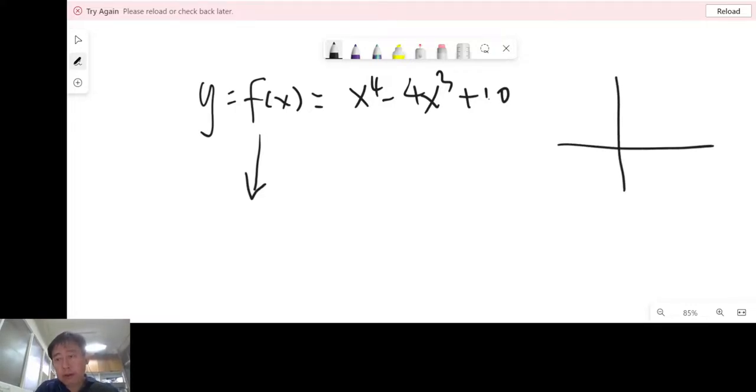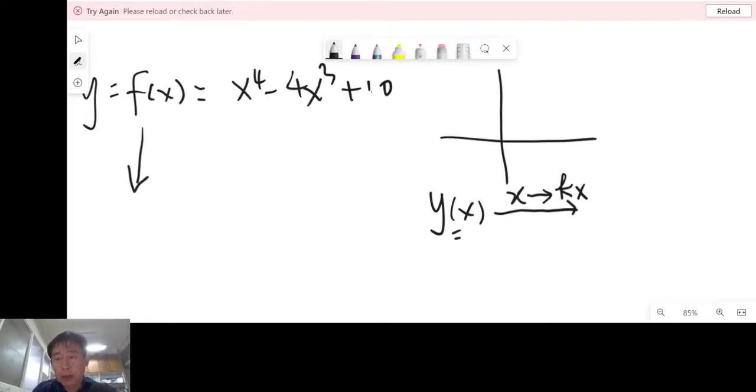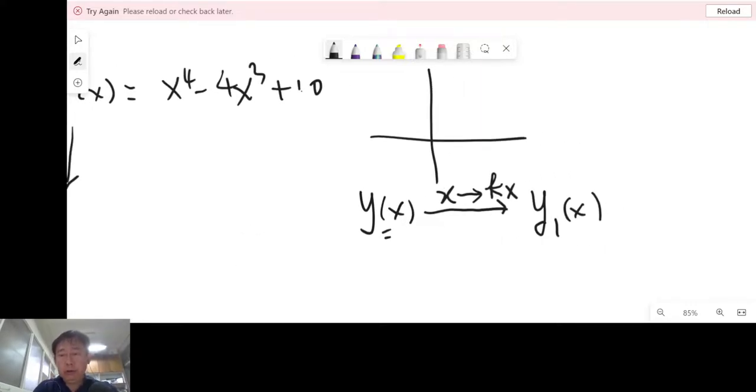So remember, the compression of a function horizontally is obtained by replacing the values of x in the argument of the function by, if it's compressed, multiplying it by the compression factor k, so that the function y would then be cast into another function y1, where y1 is the compressed version of the original function, and y1 is obtained by replacing the x in y by kx.